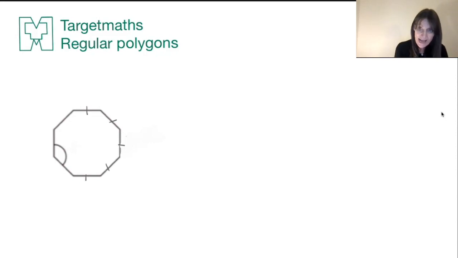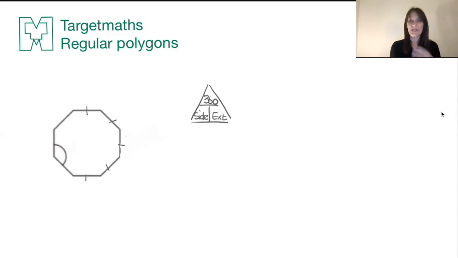And that word regular, you want to train yourself to get it to trigger a formula triangle. So 360 is going to go in the top. We've got sides, which I normally put just an S in, and exterior, which you could just put an E in, but we want to put the full words in at this stage because we're still learning about it.